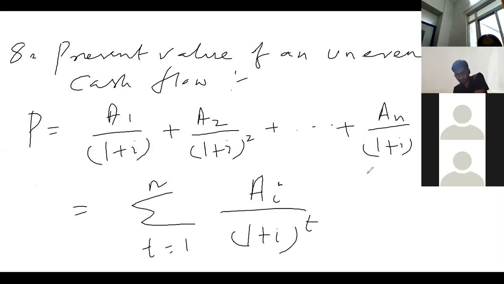Discount them separately, because you are using your second formula here. This is simply your discounting for each unit. You are using your second formula for each individual year. Take the summation. That will give you the present value of the cash flows over the years.